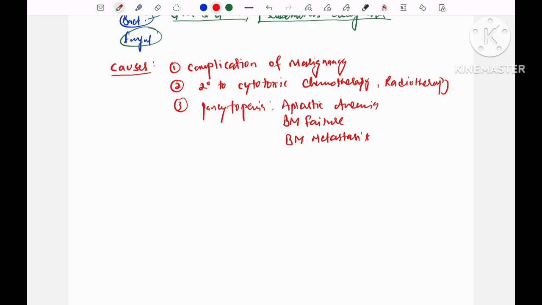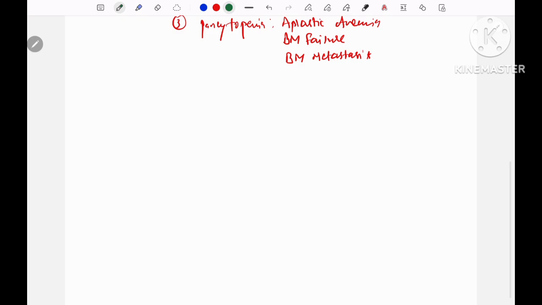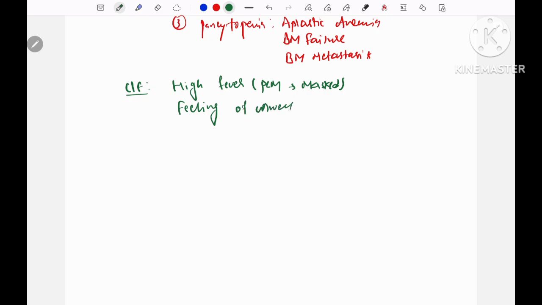Now we will learn about the different clinical presentations. The most common clinical feature is high fever, but if the patient is taking paracetamol, then the symptoms can be masked. It is also associated with a feeling of being unwell, and sometimes it can cause hypotension.